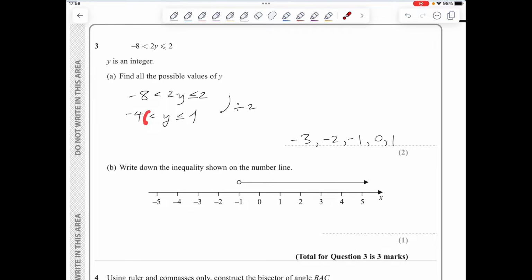Note that -4 is not included. For part B, this number line starts at -1, which is not included, goes to infinity, so I need all the numbers x that are bigger than -1.